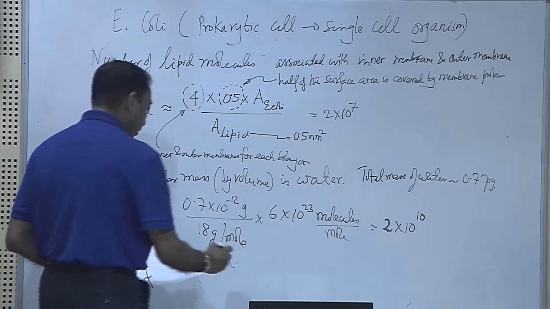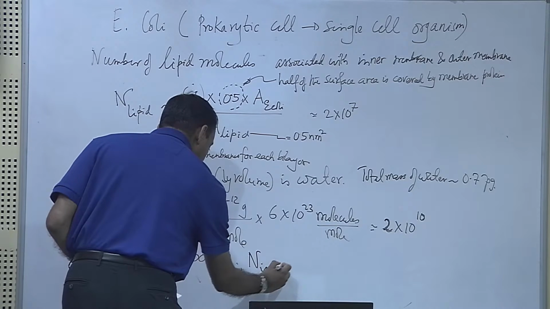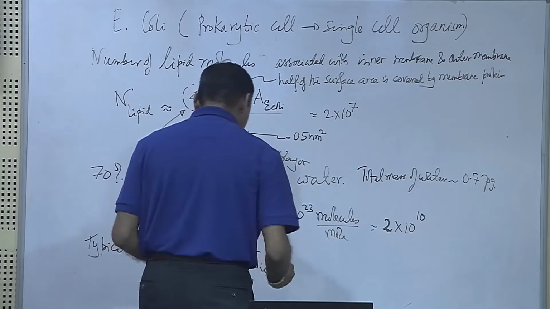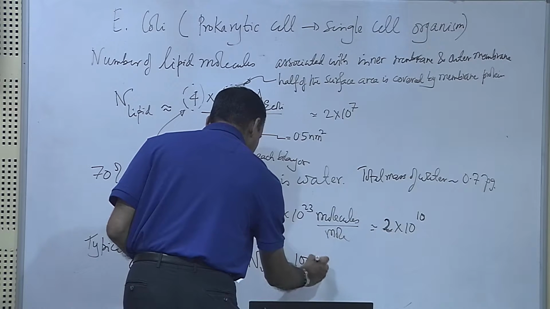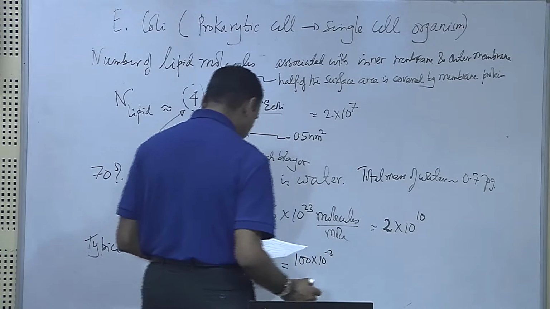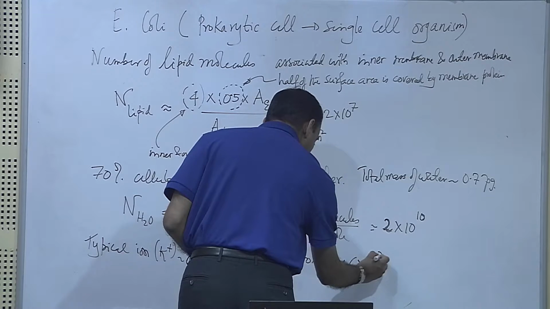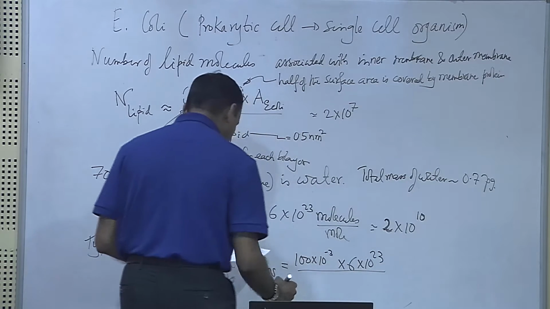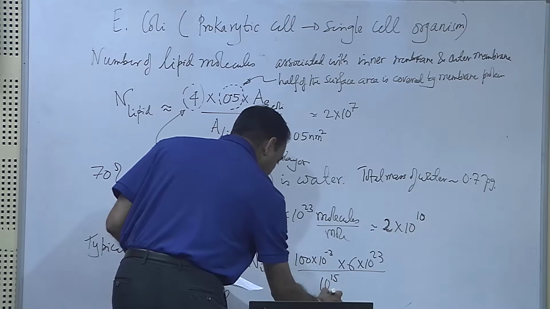The number of ions we can similarly compute: 100 times 10 to the power of minus 3, which is in moles, times the Avogadro number, divided by 10 to the power of 15 micrometer cube.